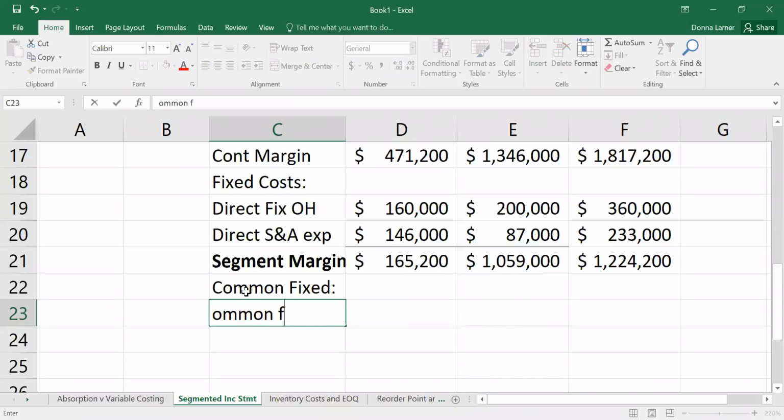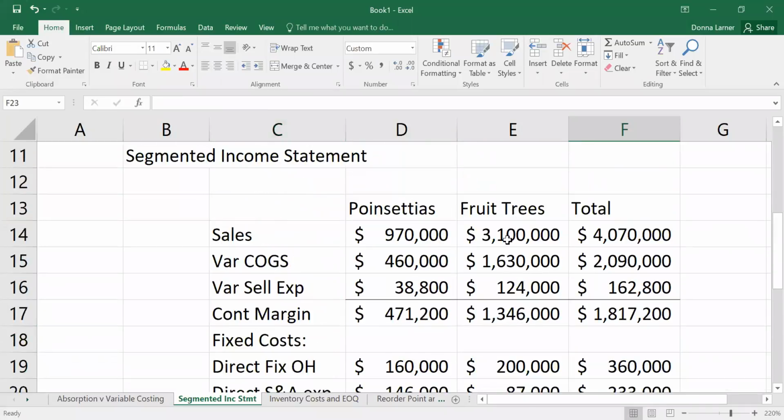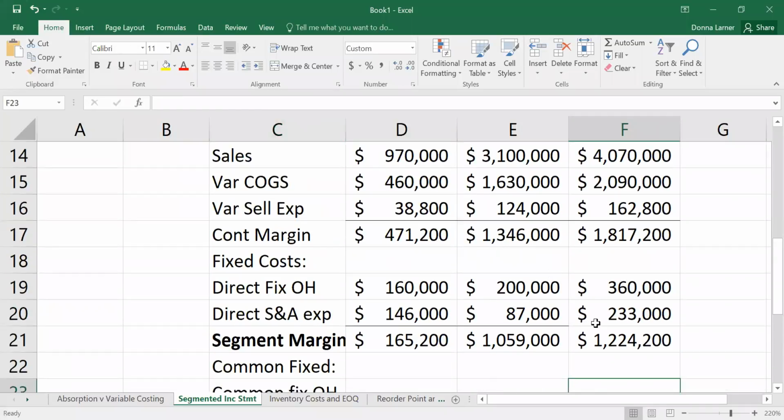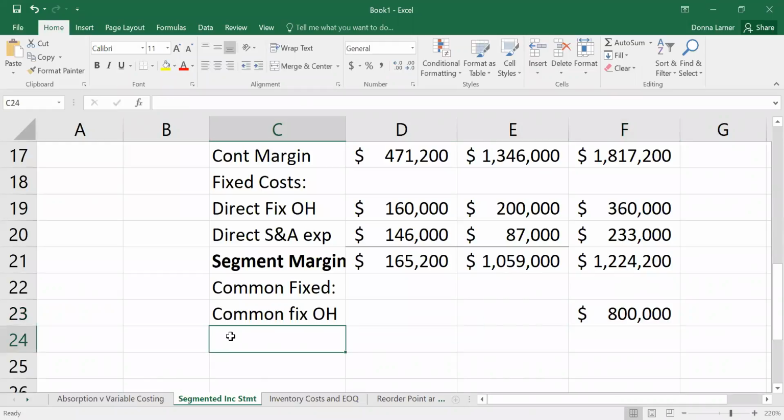I don't know what happened to my C there, but it decided to disappear. And remember, these cannot be traced to one segment or the other. So instead of putting them in the poinsettia or the fruit tree column, I'm just putting them over here in the total, because the two segments together brought us over $1 million. That's going to help cover these fixed costs. And one of the fixed costs is the common overhead, which is a big cost, $800,000.